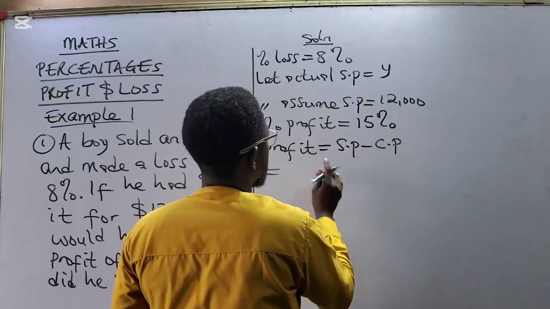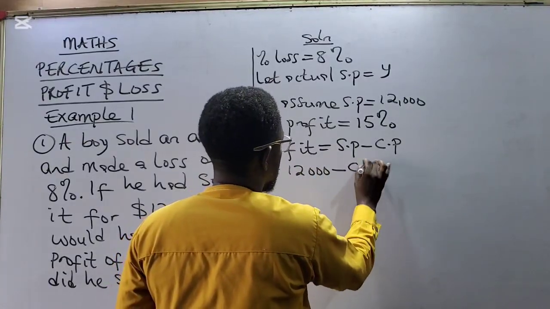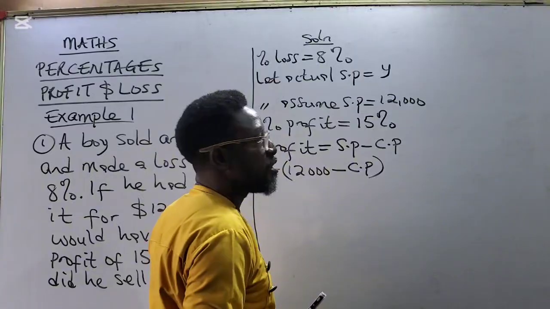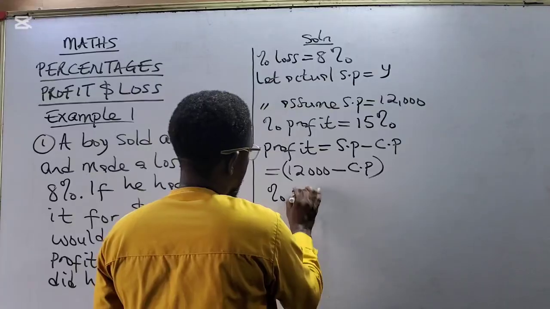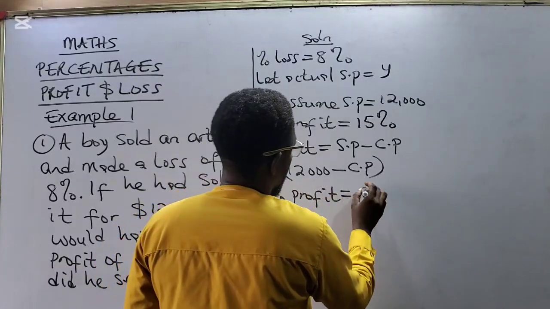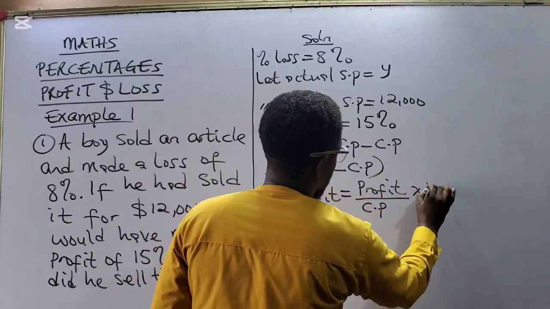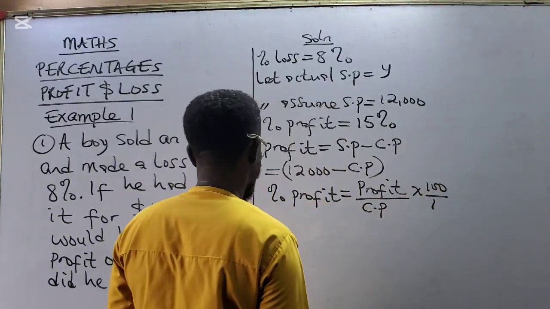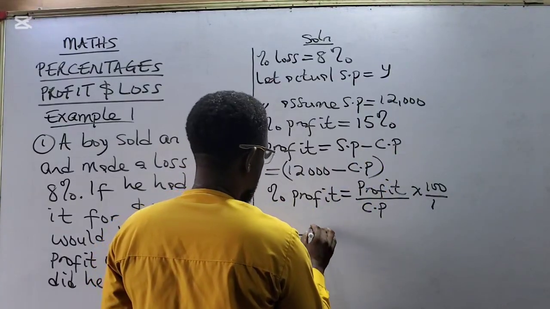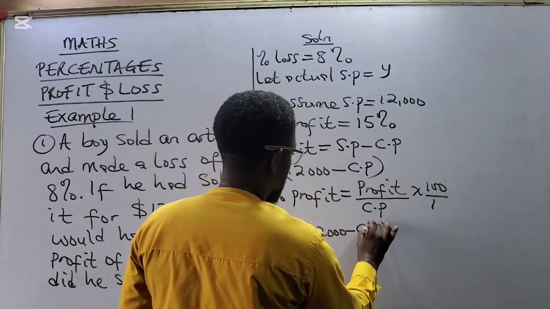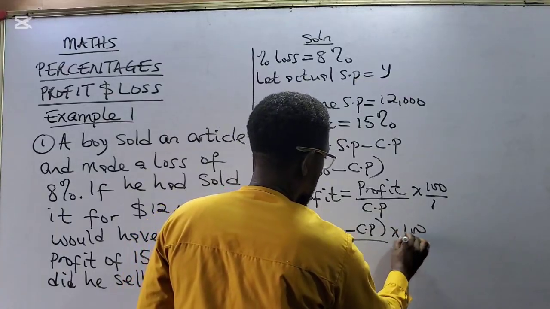So the profit will be the selling price, which is 12,000, minus the cost price. The percentage profit is profit over cost price times 100 over 1. Percentage profit is 15. Profit is 12,000 minus the cost price, all over the cost price, which is not given, times 100 over 1.